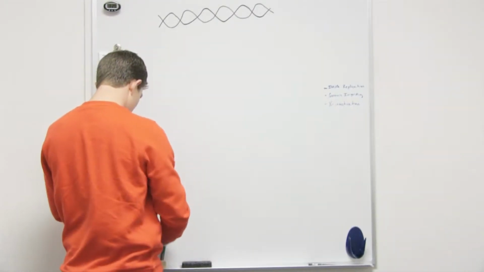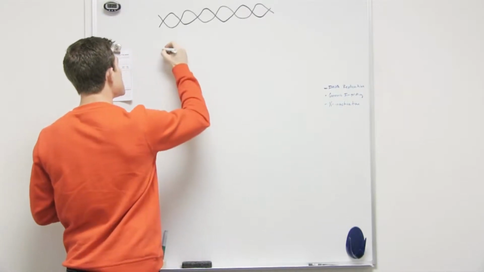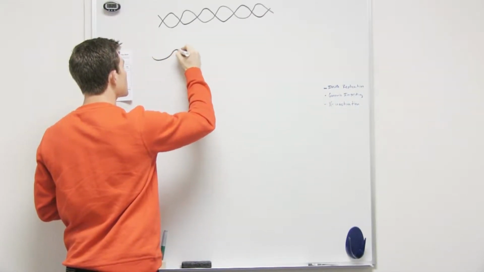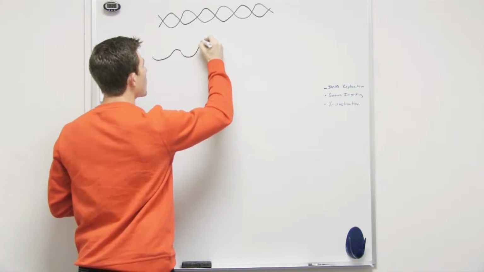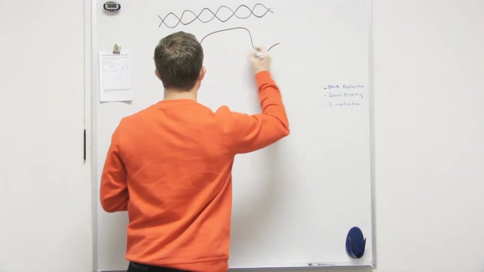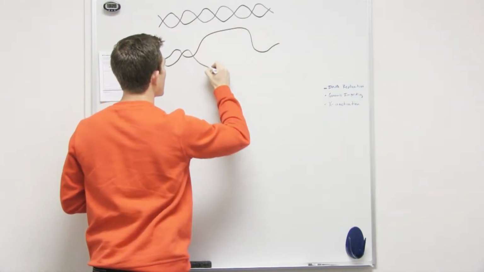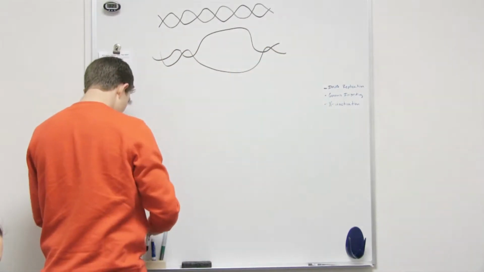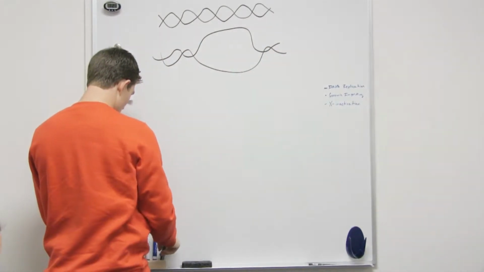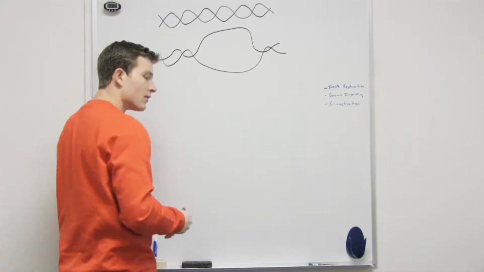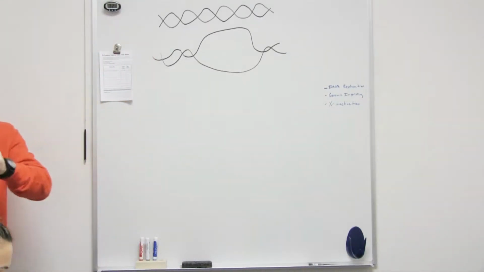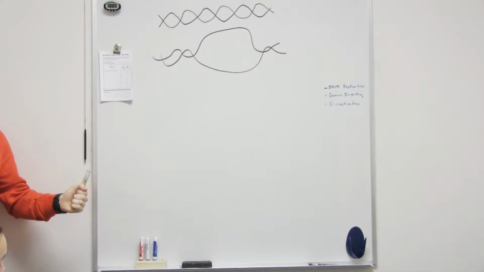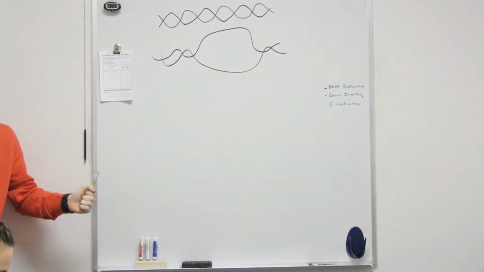And we'll pull this apart. Now we have certain enzymes that function to help make this work. One helps pull these strands apart. What is the name of this one?